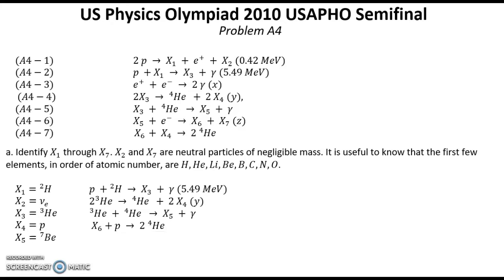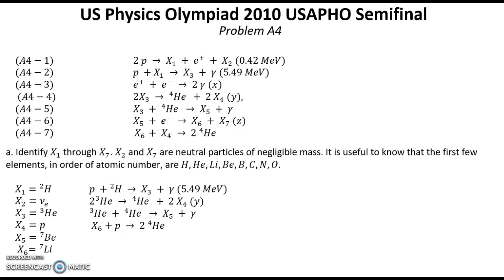And on the left we have proton plus unknown particle. Proton has charge 1 and mass 1, so it means that particle x6 must have charge 3 and mass 7, which is lithium 7.